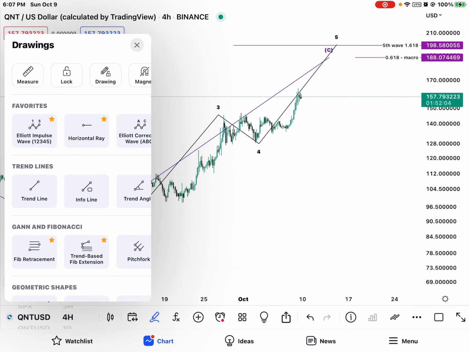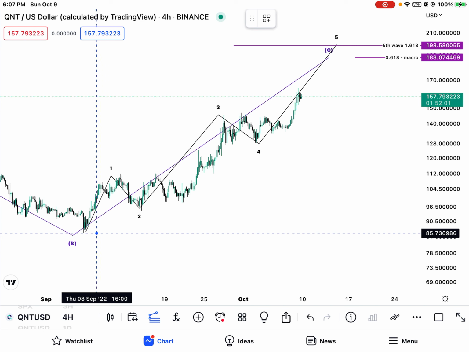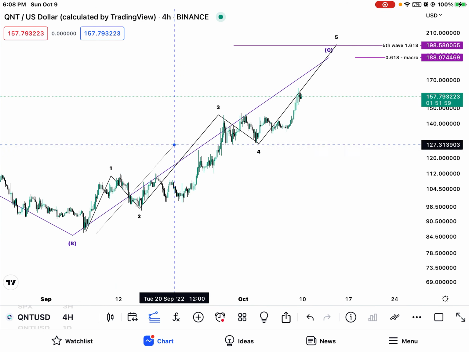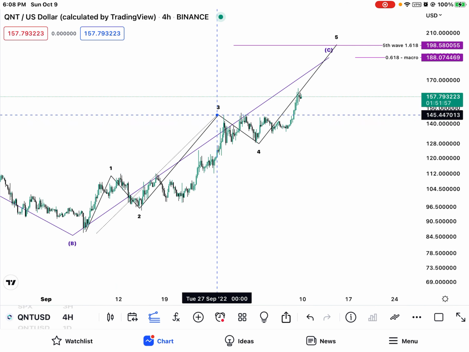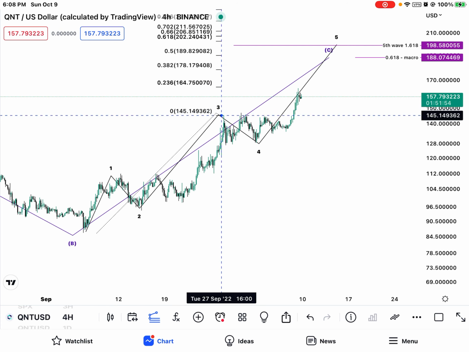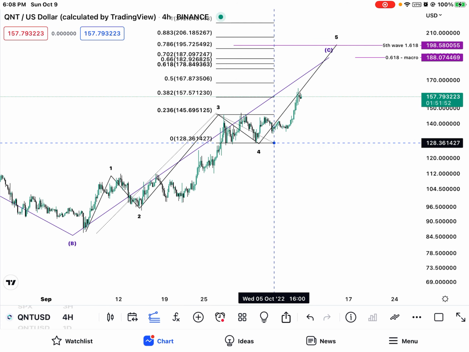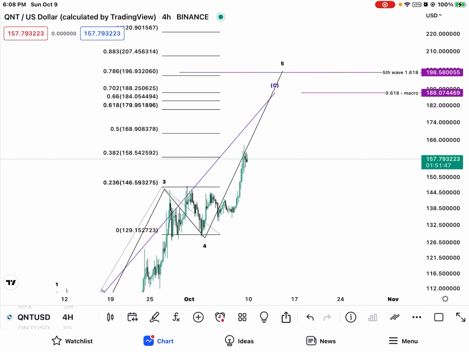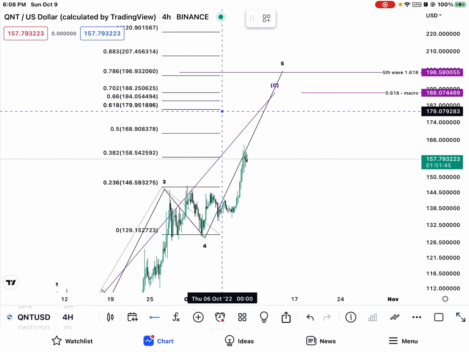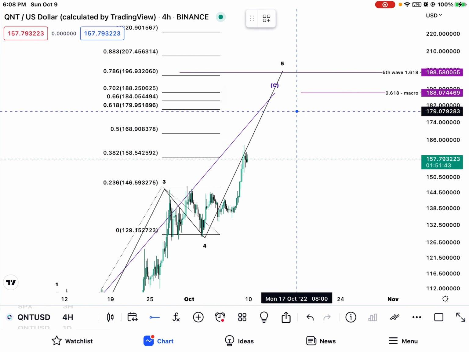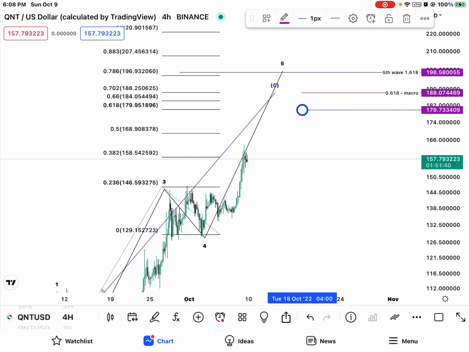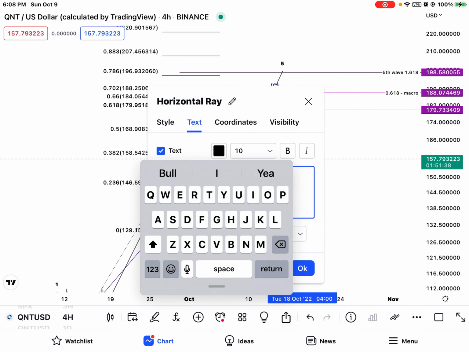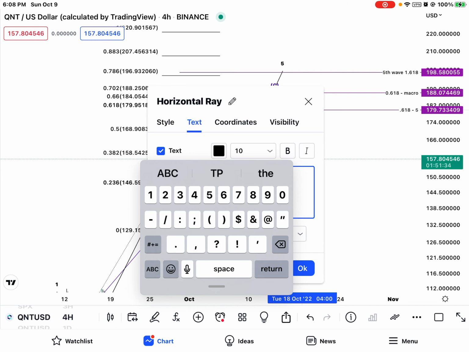Or we can place a Fibonacci like this. We go from the bottom of wave 1 all the way to the top of wave 3, okay, and down to the bottom of wave 4. And our 0.618 takes us to 179. 0.618, fifth wave.